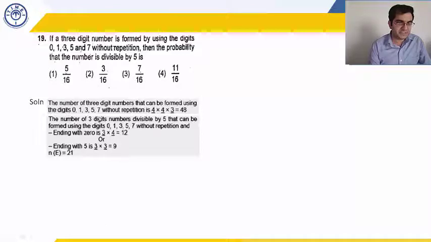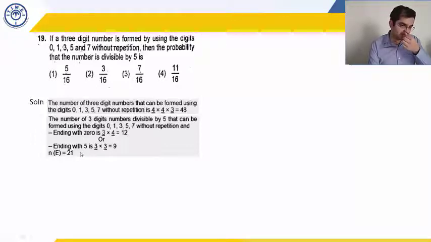I had 5 digits. I found the number of 3-digit numbers as 48. Now I found the number of numbers ending with 0. So you have 4 digits left. Pick any of the places, the tens place or the hundreds place. The tens place can be filled in 4 ways, and therefore the hundreds place in 3 ways. So you get 12 numbers ending with 0.